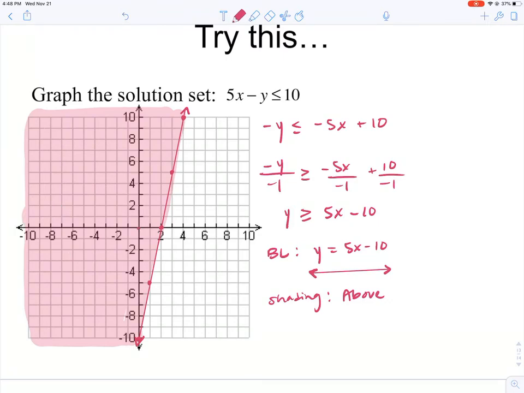And then we can do a test point, (0, 0) is in there. And I'm going to substitute into the original inequality. And that is a true statement. 0 is less than or equal to 10. So we have shaded the correct side of the boundary line.